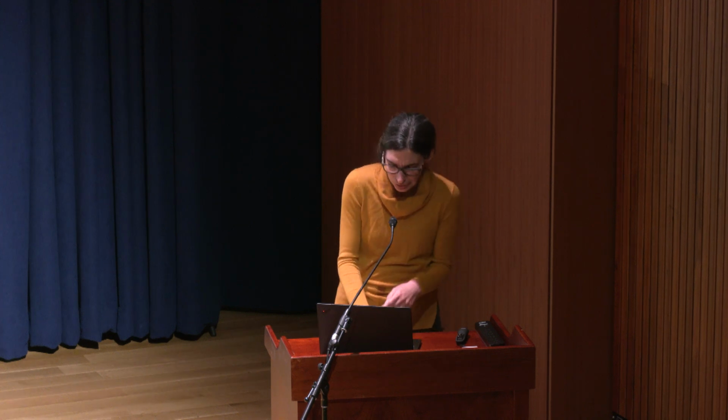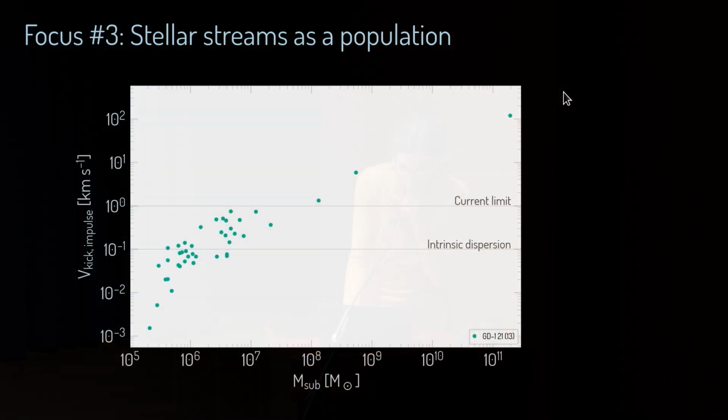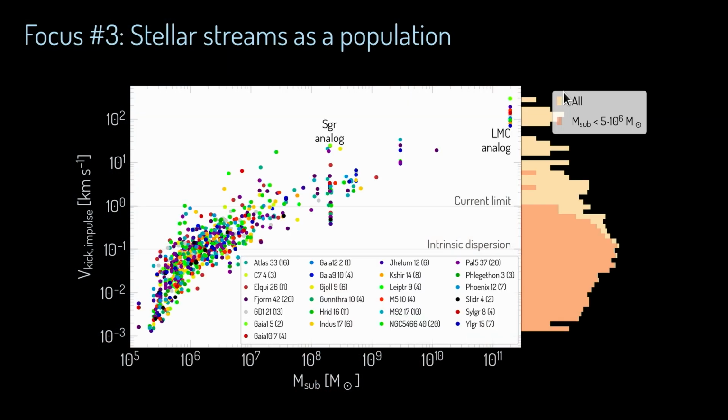Yeah, so I might not have the most relevant backup slide available here, but maybe this will do. So we have a prediction, or some preliminary estimate, of how many impacts of a given mass we expect in a CDM universe. And this is for a population of something like 20 or so streams, as shown here.